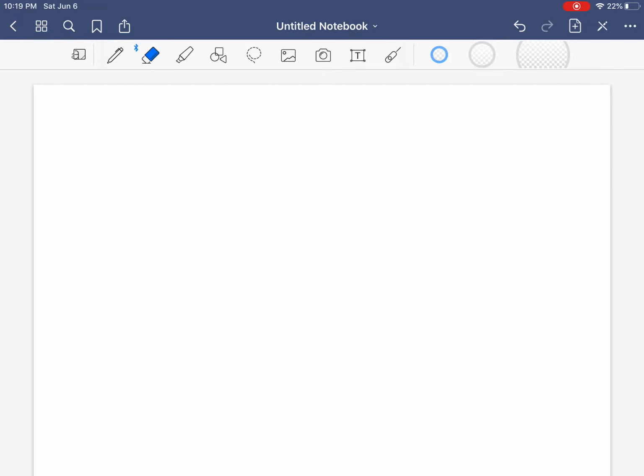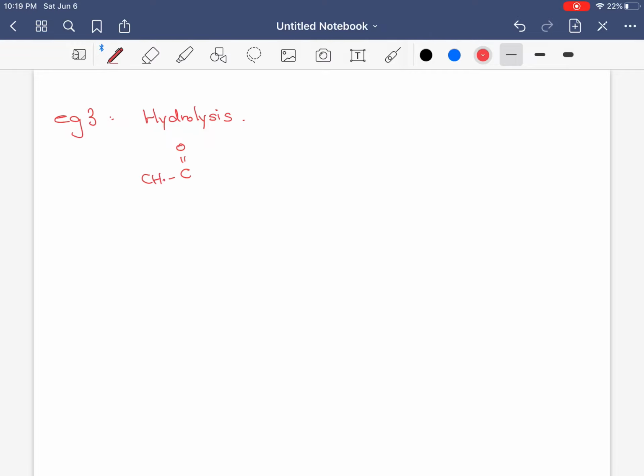Now, the third one that we're going to talk about is really just the reverse of ester. So example 3, we have hydrolysis. In this case, we have some sort of ester.